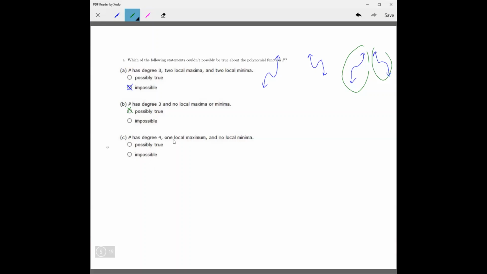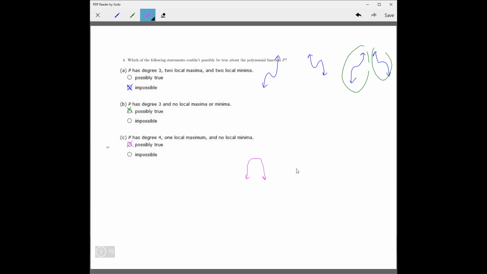Part C, if it's degree 4, could it have 1 local maximum and no local minimum? Yeah, that could happen because you could have a situation where it's like that, and that would be a local maximum right there and no local minimums. That's possibly true.